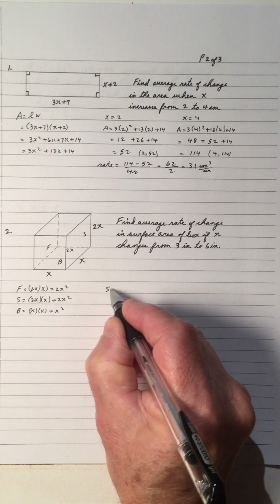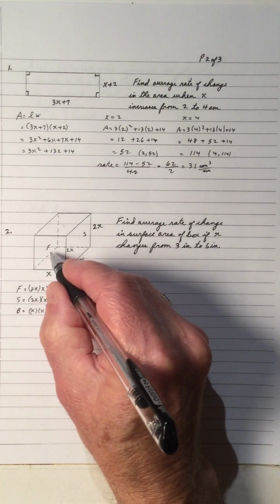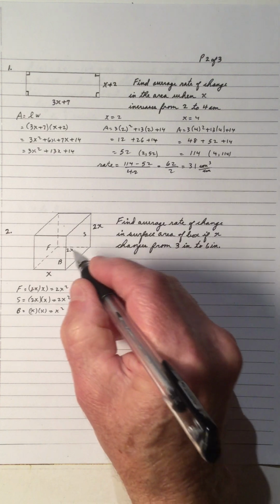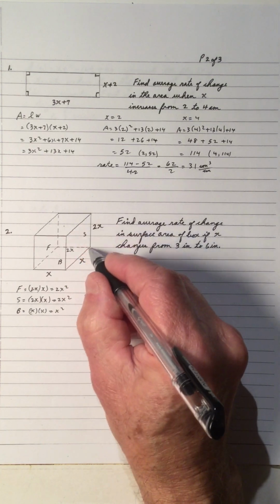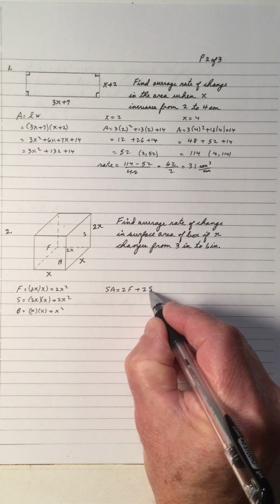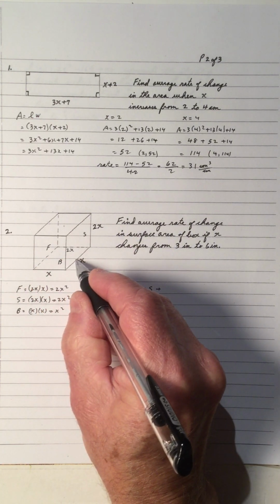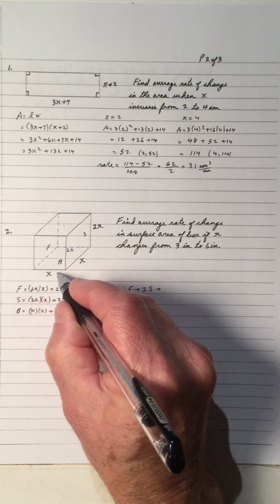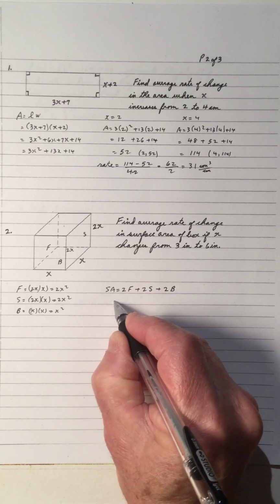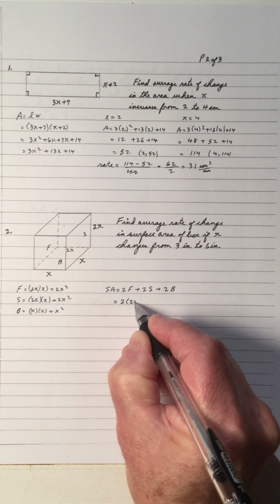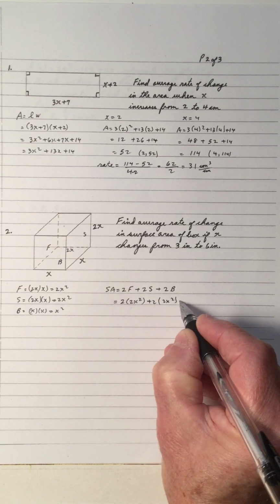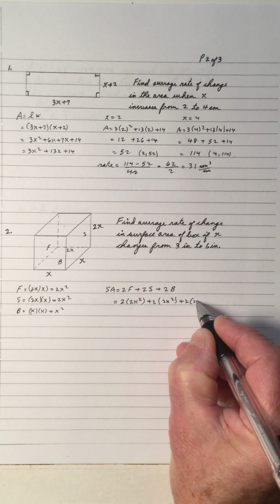The surface area is made up of the front and the back, so it's 2 times F, and it's the side, so this side here is the same as this side right here, so that's 2 times S, and the bottom, which is right here, x is a square, the top is also a square, so it's 2 times B. So that's 2 times 2x squared plus 2 times x squared.